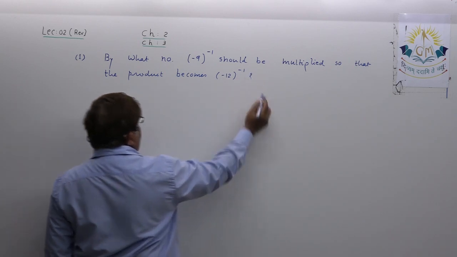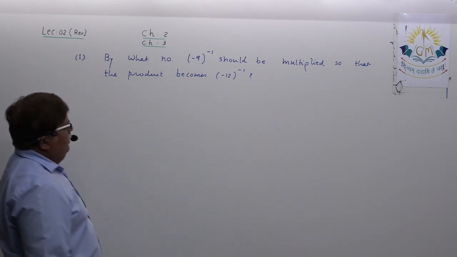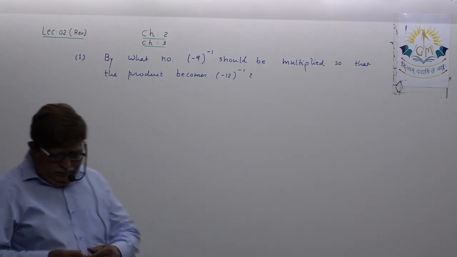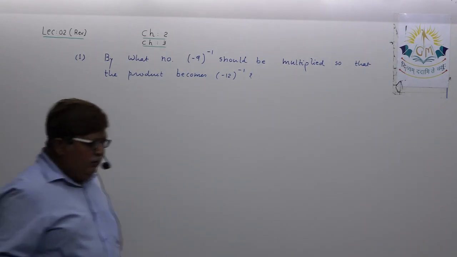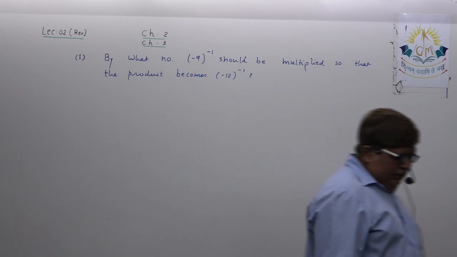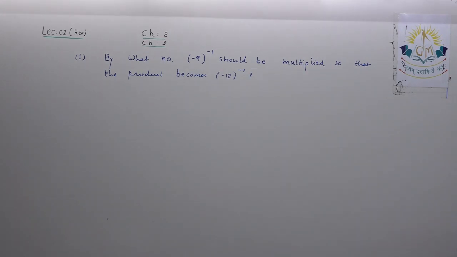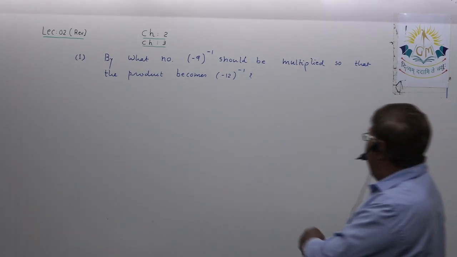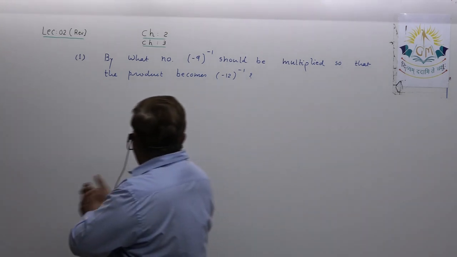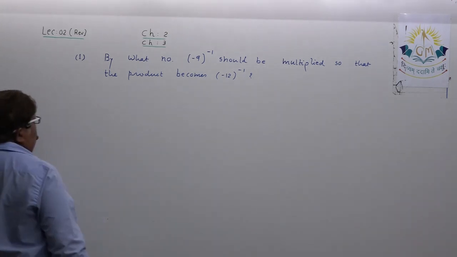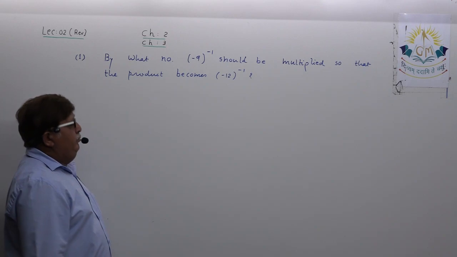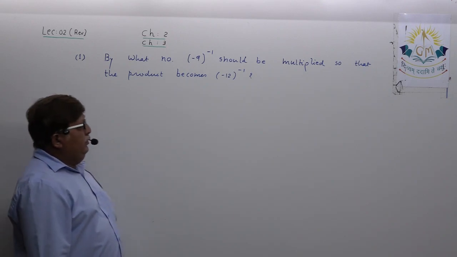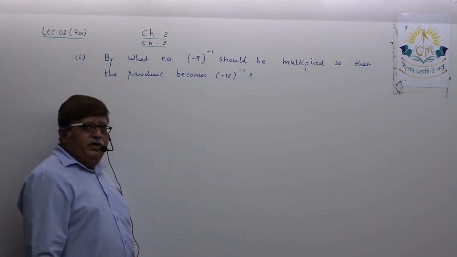Okay, this is the question. By what number minus 9 raised to minus 1 should be multiplied so that the product becomes minus 12 raised to minus 1.